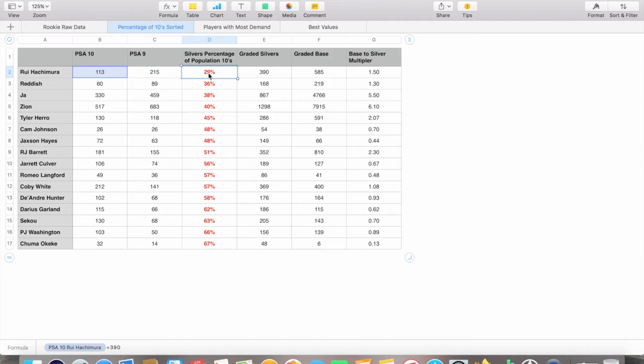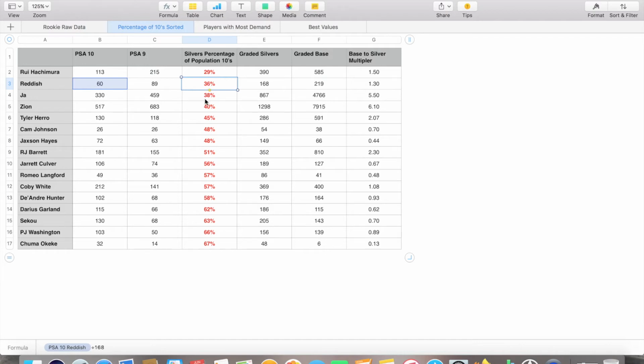So if Rui Hachimura becomes the player that people think he's capable of becoming, people have said, oh, he's going to be like a poor man's Kawhi, right? Cam Reddish right here is at 36% of PSA 10s to his whole population of silvers. If he becomes like a Paul George, his PSA 10s are going to be highly coveted, right?